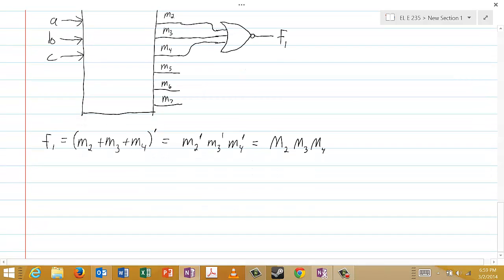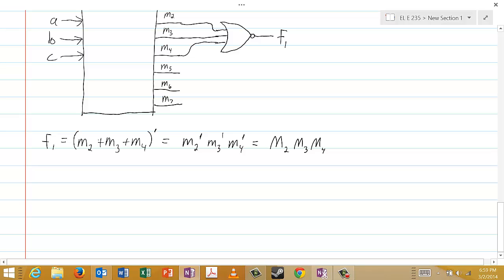Notice that this is a product of sums expression for F1. What this tells us is that if we write the truth table for F1, it will have a 0 in the 0, 1, 0, 0, 1, 1, and 1, 0, 0 alternatives for the inputs, and a 1 everywhere else.